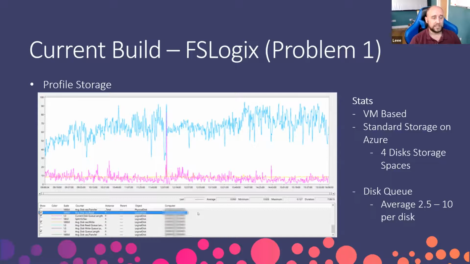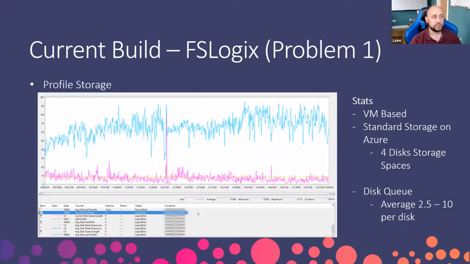The pink line is the average disk queue length. The big blue line is the current disk queue length. So this particular VM was absolutely being smashed to pieces by users just trying to work normally. It just wasn't keeping up with the IOPS that were needed, and the wait time for IO was huge.